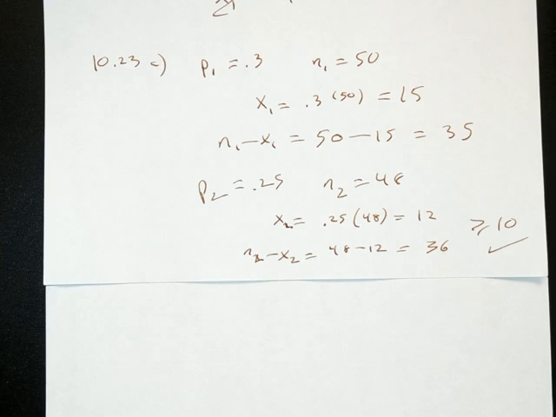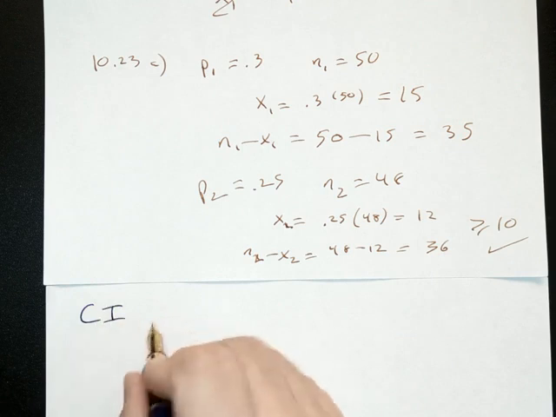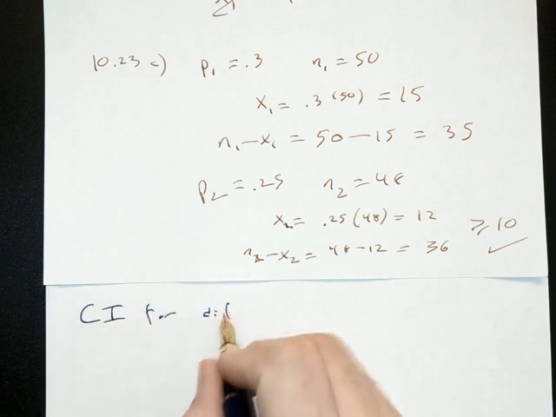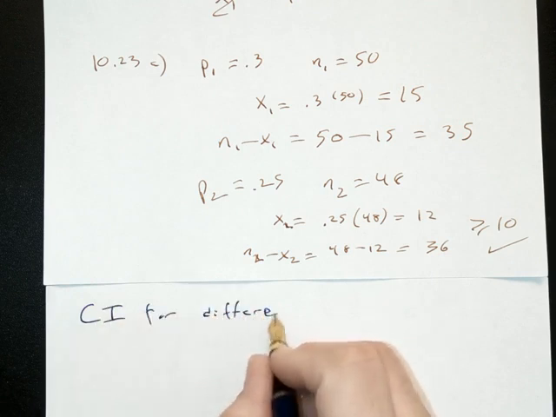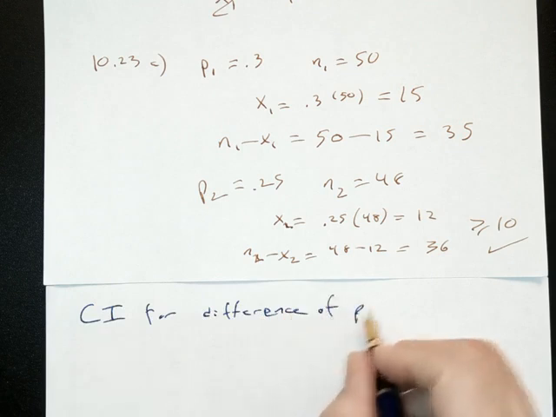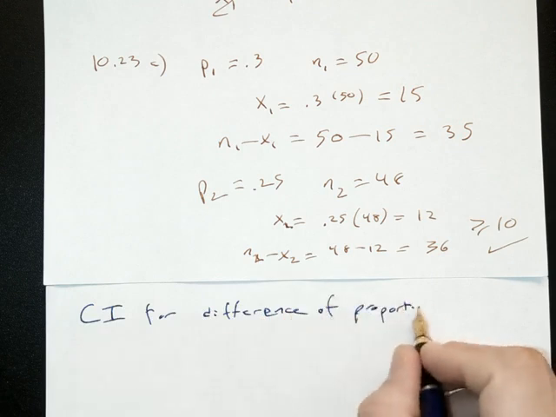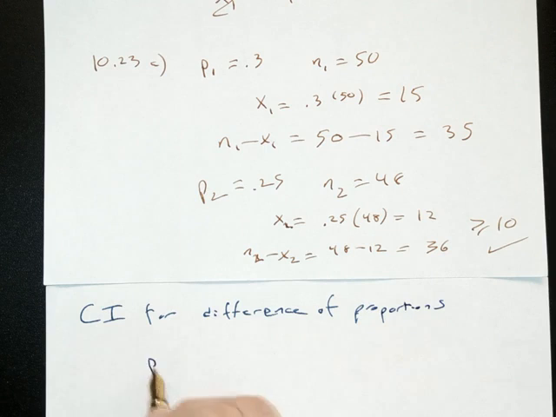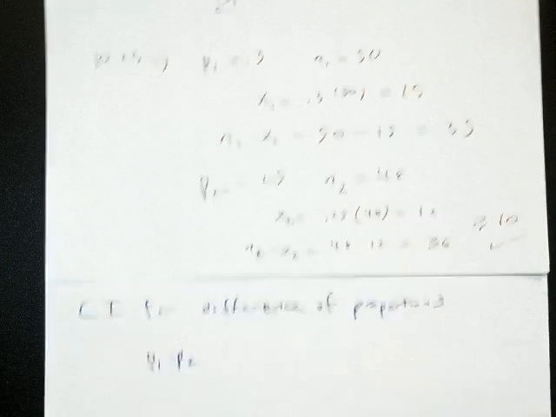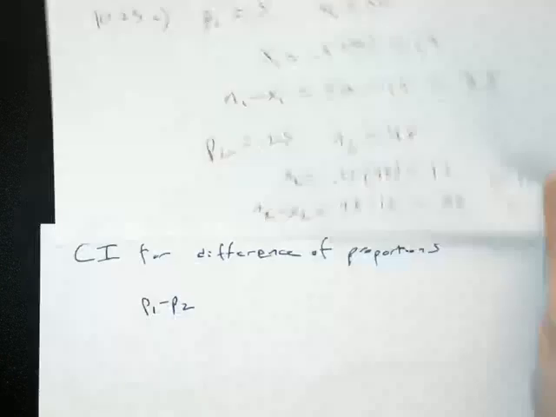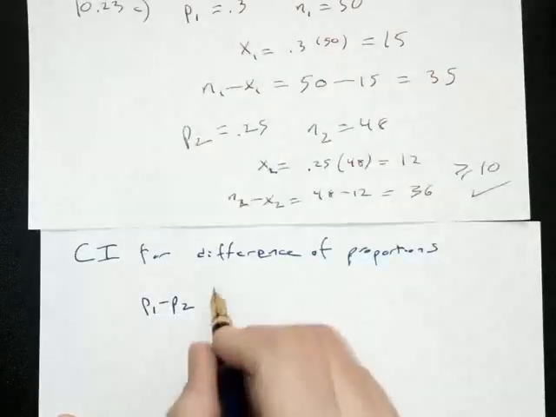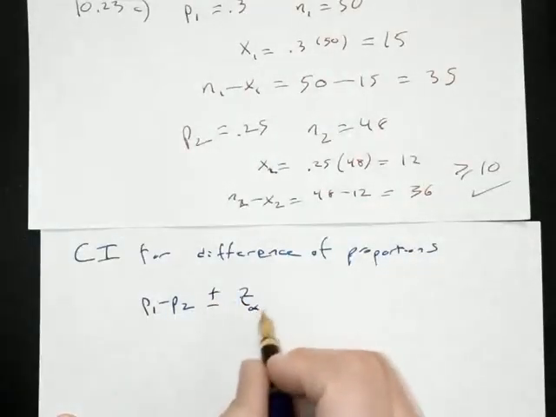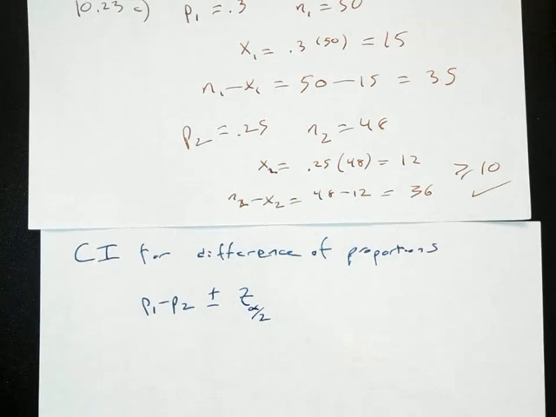But if I'm doing a confidence interval for a proportion, I start with my difference, P1 minus P2, and then I add or subtract based on my alpha over 2, my confidence interval area.